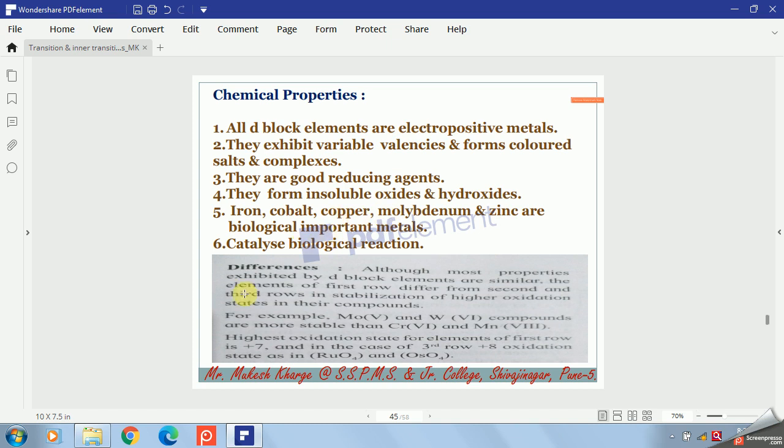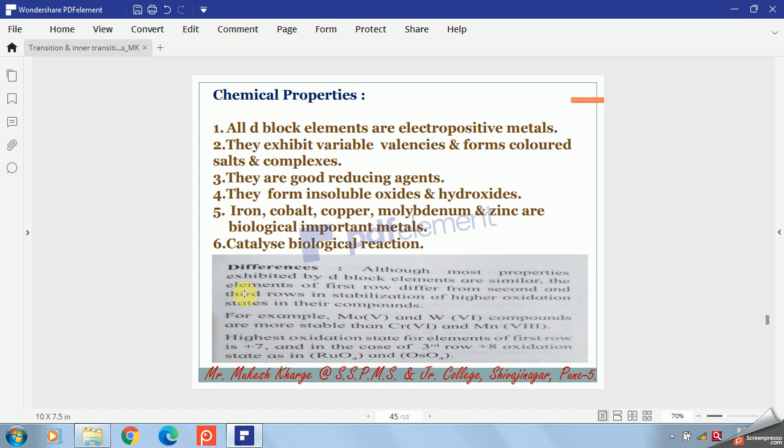Now differences. Although most properties exhibited by these D block elements are similar, the elements of the first row differ from the second and third row in stabilization of higher oxidation states in their compounds.